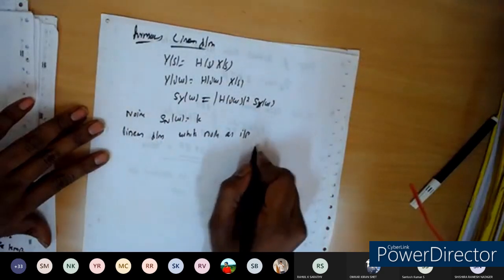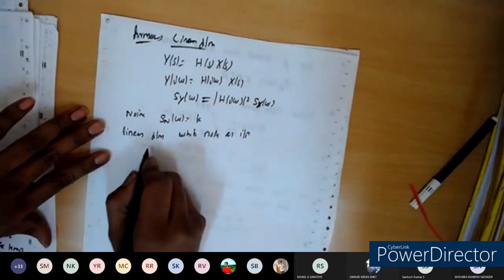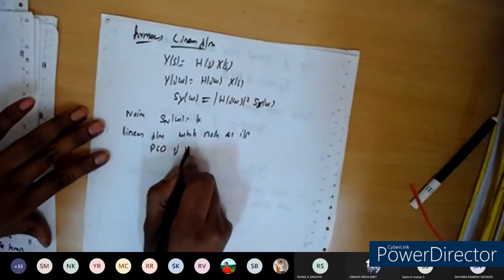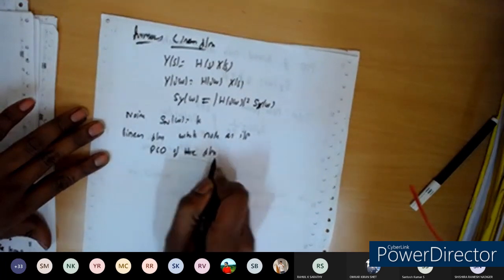At that time, the power spectral density of the system will be given like this.